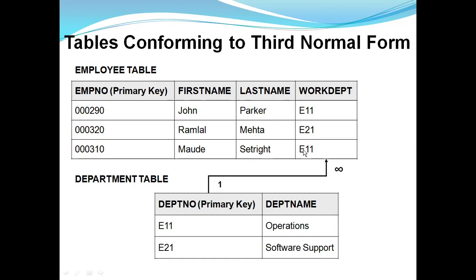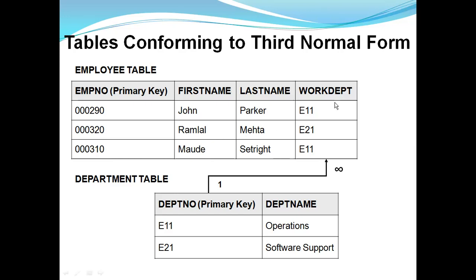This will create a relationship and it has gone out. Very simple. So you have to be clear up till the third normal form.